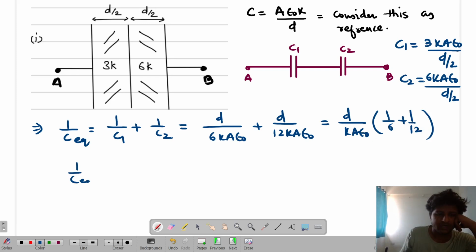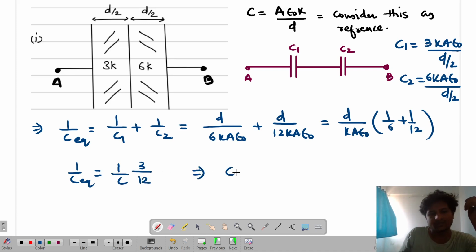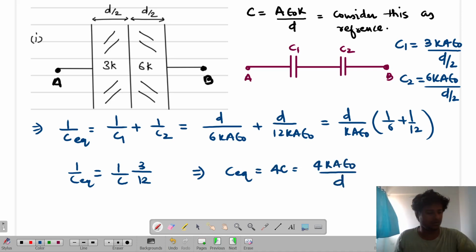So 1 by C equivalent is D by K A epsilon naught times, 2 plus 1 by 12, so 3 by 12. That means C equivalent is 4C, or 4K A epsilon naught by D. Are you able to get me? Is that perfectly clear? What is the value? 4K A epsilon naught by D.